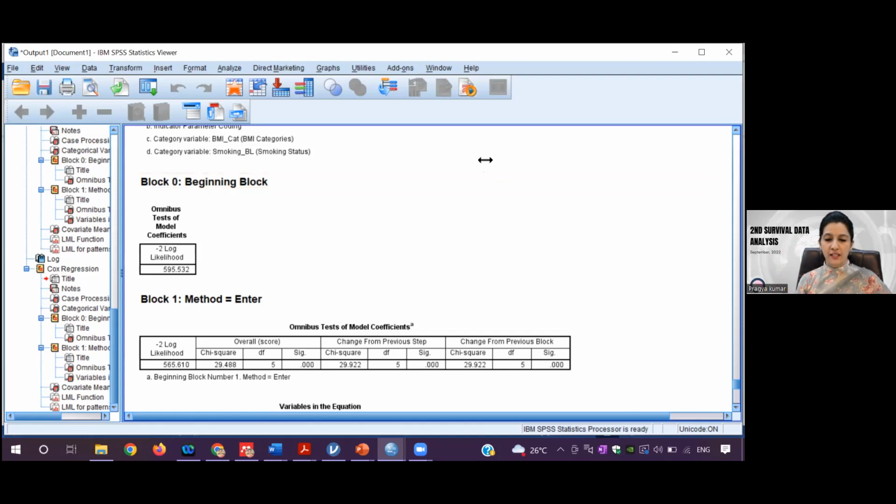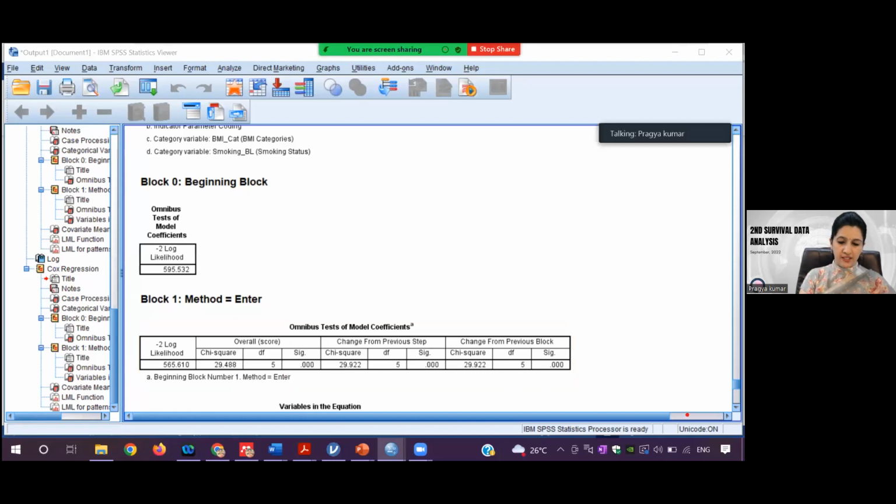So this -2 log likelihood, you can take it as a proxy indicator of residual. With the application of the model, it has decreased this residual by 29.488. That means now your model is accurate and its value is also significant. We don't go by the amount of residual because we don't know whether this value is significant or not.